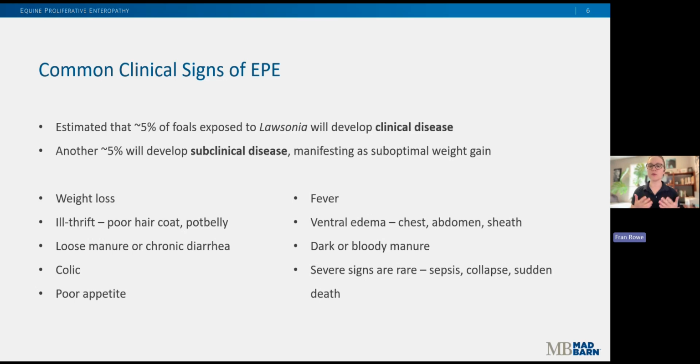And then really rare or severe life-threatening infection is uncommon, but those signs would include evidence of sepsis. These foals will be really sick, they might collapse, or potentially even result in sudden death.